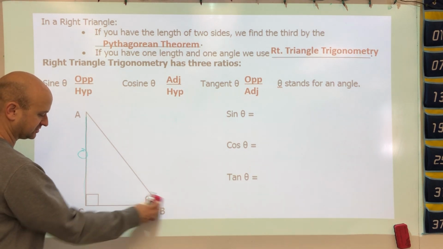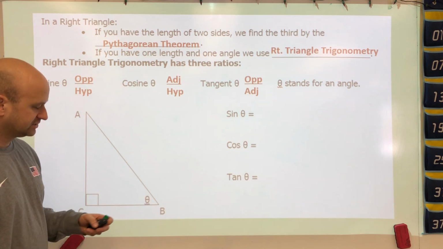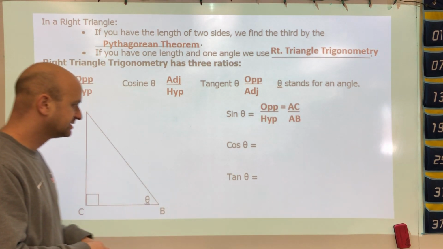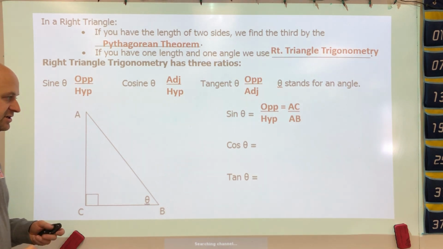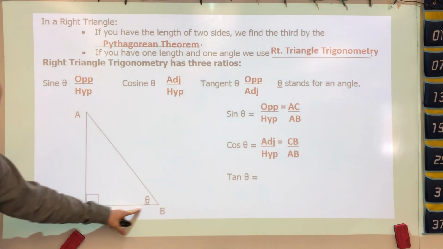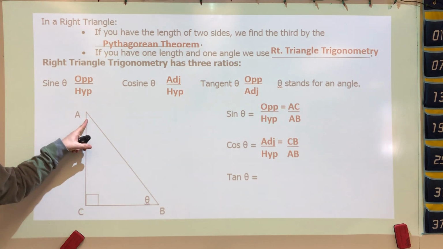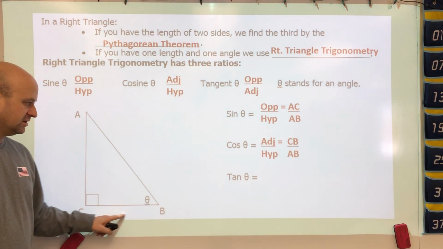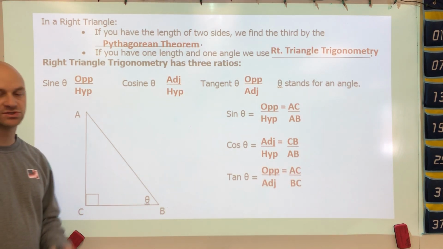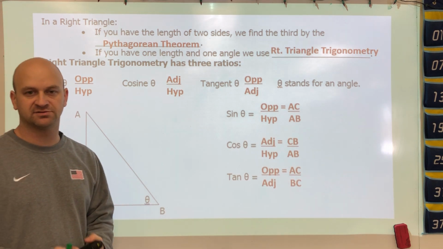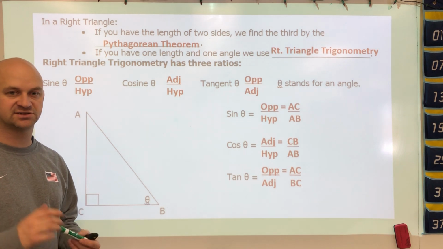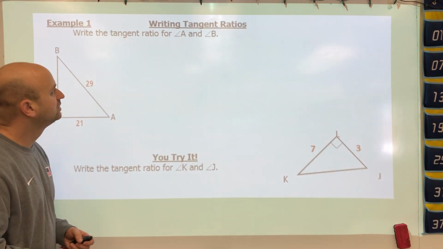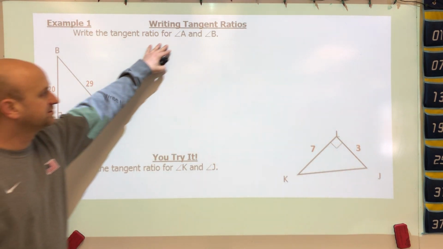So again, sine would be opposite over hypotenuse, cosine would be adjacent over hypotenuse, and tangent would be opposite over adjacent. So you have to master this first. On every problem, identify it, put an O, A, and H next to each of the sides for every single problem that you do.